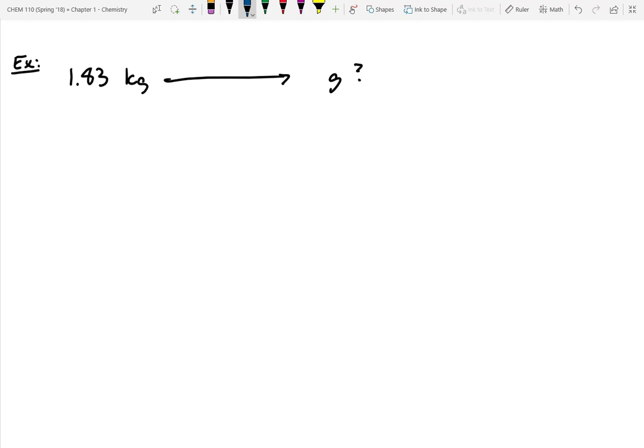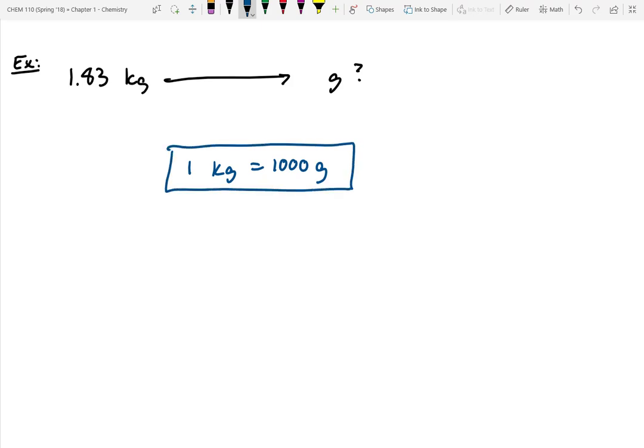It's 1,000, all right? So we've got kilograms on one side. We've got grams on the other side. Does the 1,000 go with the kilograms or the grams? Goes with the grams. And if you remember yesterday, I said it's important to remember which one's bigger. So in this case, kilograms is bigger than grams, right? That means the larger number goes with the smaller unit. Okay, so that's our conversion factor.